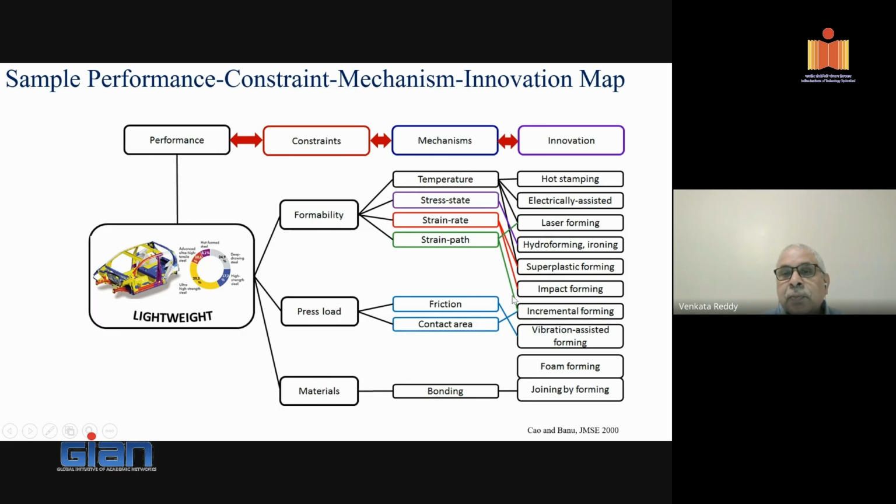Or when you go for incremental forming or vibration assisted forming, and when you go for joining, whether you go for form-joining or joining by forming, you can explore all these processes, and with today's predictive tools you can do a lot of computation, and combining with some sort of machine learning techniques, this can be further improved.